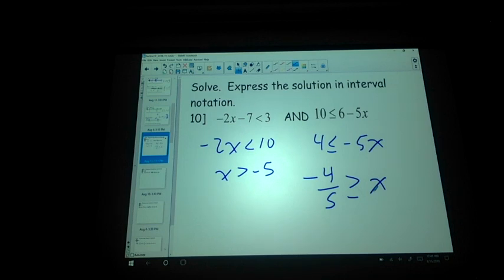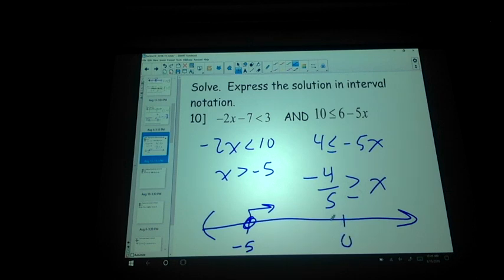All right, so we have that so far. I have -5 here, open dot going this way. I got 0 down here. I got -4/5 here. That's a solid dot going this way. It's an and statement, so it has to work for both. Where will it work for both? Will it work for both in between the two?